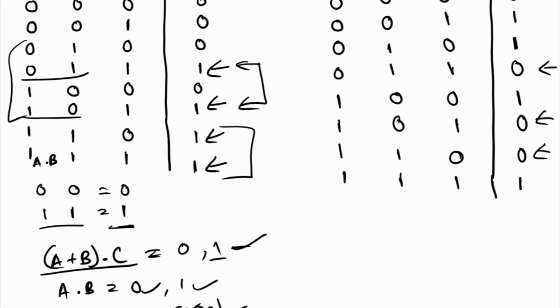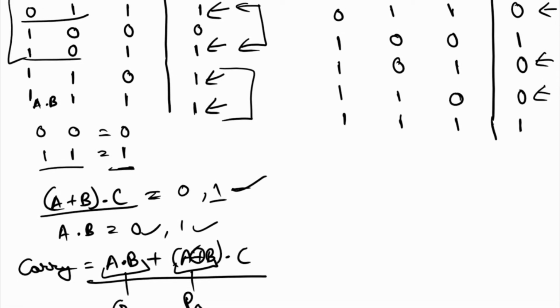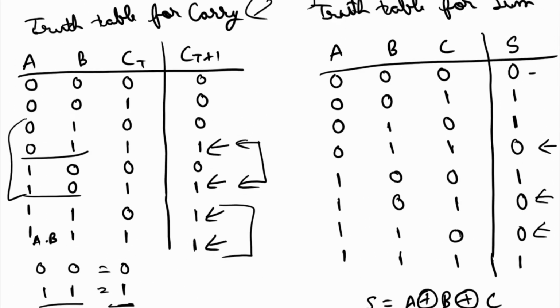Because when we have two ones, that will go to carry, and the output we get at that position will be 0. So from this situation we can get a formula: A XOR B XOR C. That means if there are an odd number of 1s, our sum will be 1. If there are an even number of 1s, our sum will be 0. Now we'll put this in the diagram.